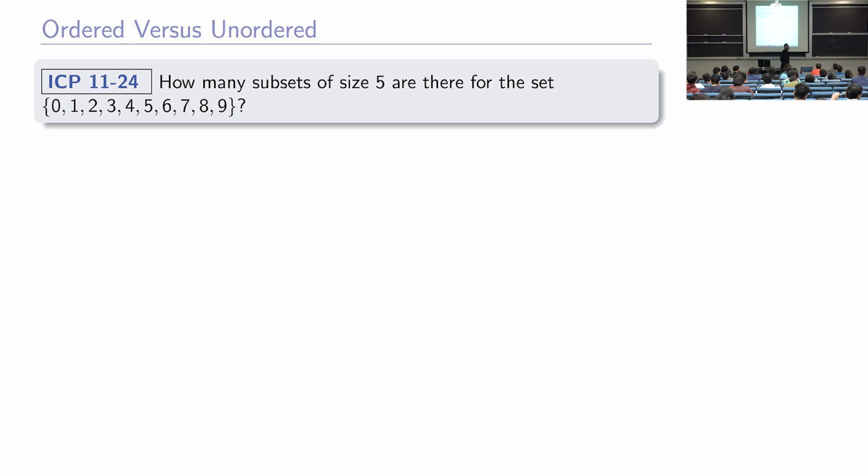How many 5 permutations of these 10 objects are there? P10 5. We gave it a name, right? We know the number of ordered arrangements of R objects out of these N objects. That is P10 5.